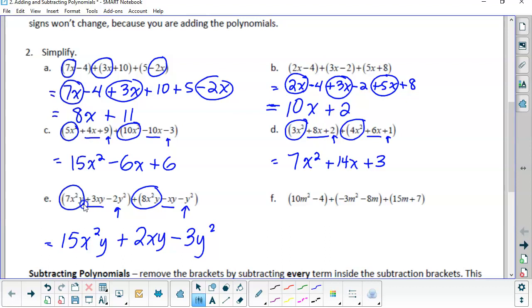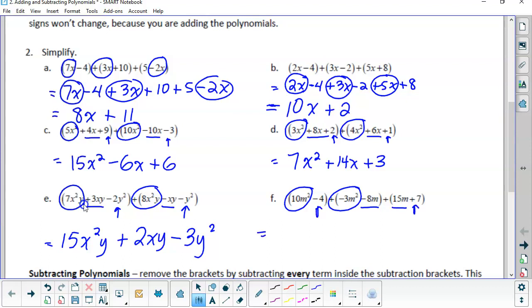Next one, take a look here. We're adding everything. Often in all of these brackets, the first term was positive. This one's negative. Just means you're going to subtract. Okay, so that's m squared, m, and constant, okay?